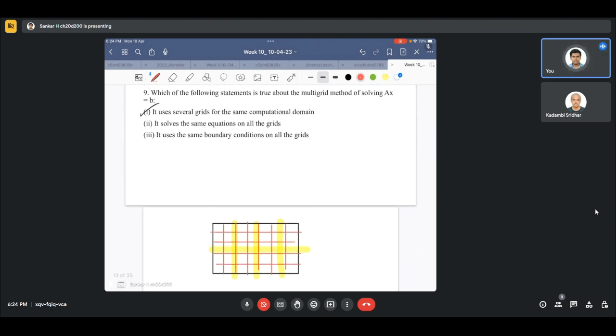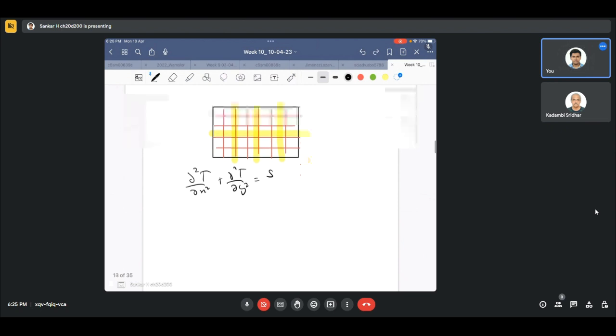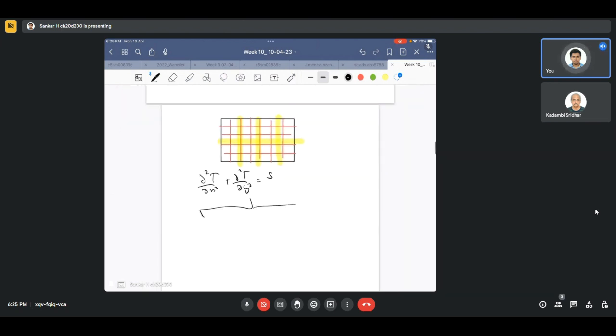So we use several grids for the same computational domain, but we are not exactly solving the same equation on all the grids. Although we are dealing with the solution of, let's say, del square T by del x square plus del square T by del y square is equal to some Sij, a source term, we discretize this in two different manners for the fine grid and the coarse grid. Let's assume that small i is used for the fine grid, then capital I would be used for the coarse grid.